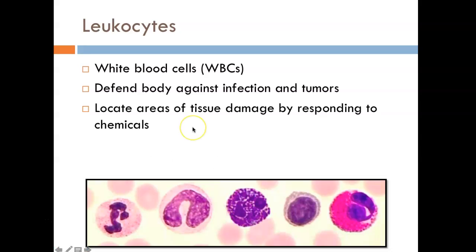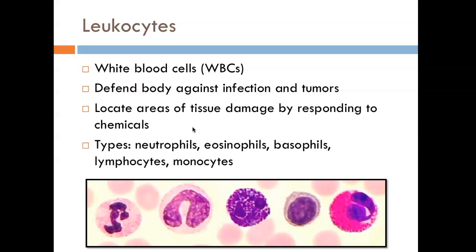So when an area of tissue becomes damaged, there are these alert emergency chemicals that get released, and leukocytes are going to respond to those chemicals, and those chemicals are there to help them locate the area of tissue damage. And so here are all the types of leukocytes or white blood cells. Neutrophils are the white blood cell that's going to respond first.